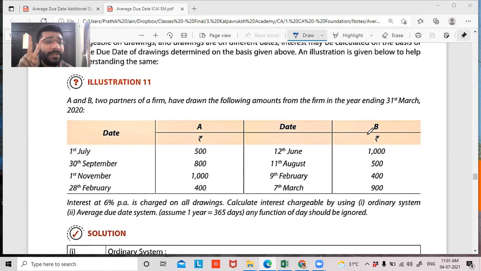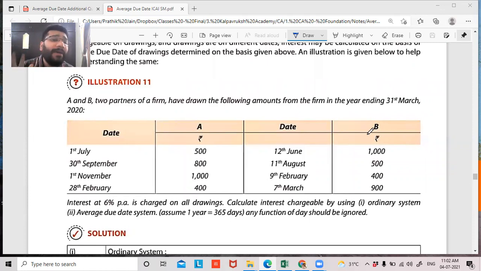If these conditions are satisfied, then you can use the average period method. But if any one condition fails, that is, the date is every first of the month and the frequency is also monthly, but the amount varies, you cannot use the average period method. Or the amount is matching, but the dates are 1st of April, 3rd of May, and the frequency is also changing. If that fails, then you cannot apply the average period method.